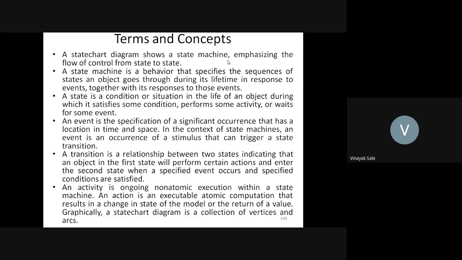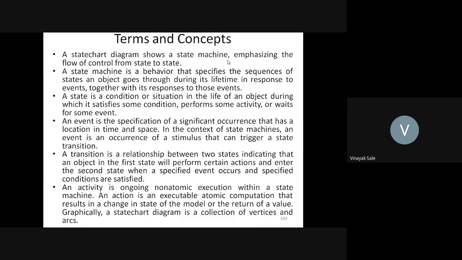An activity is ongoing non-atomic execution within a state machine. An action is an executable atomic computation that results in a change in the state of the model or the return of a value.